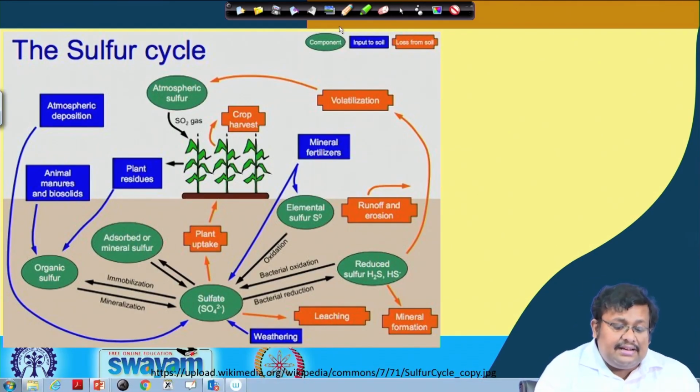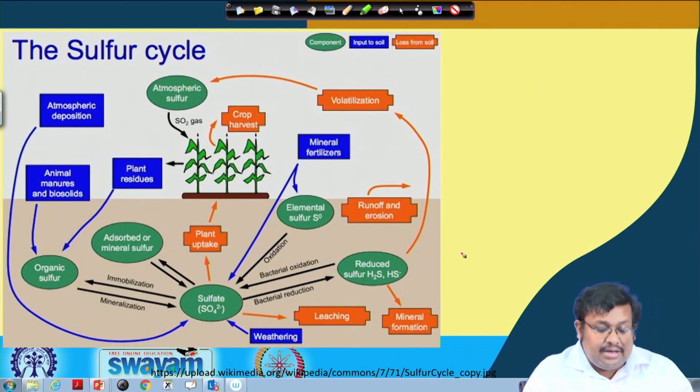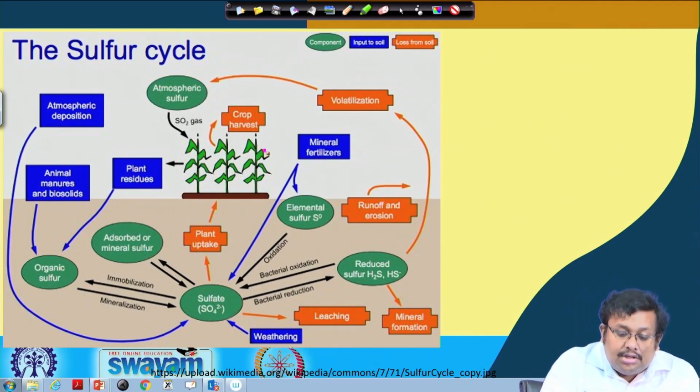This sulfur cycle shows how sulfur converts in the soil environment. So, let us start with the crop. The crop basically takes the sulphate which is present in the soil solution, and the sulphate is taken up by the plant. After the plant's death, the plant residues basically enrich the organic sulfur.